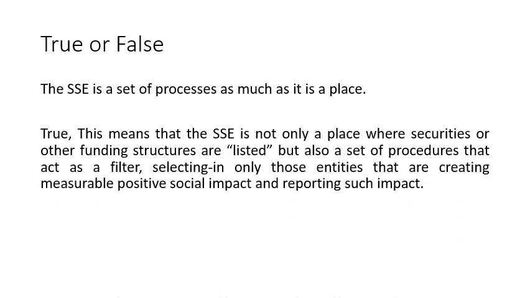The book itself explains, but let me also tell you that this means social stock exchange is not only a place where securities or other funding structures are listed, but it is also a set of procedures that act as a filter, selecting in only those entities that are creating measurable positive impact and reporting such impact. I hope you are liking this form of questions.